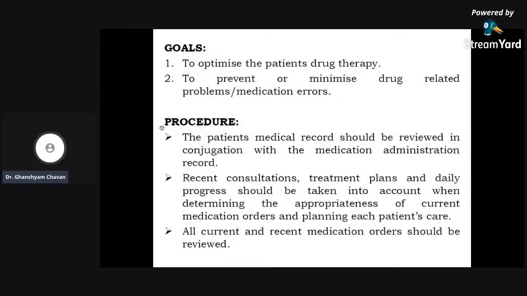Now we will go for the procedure. The patient's medical record should be reviewed in conjunction with the medication administration record.